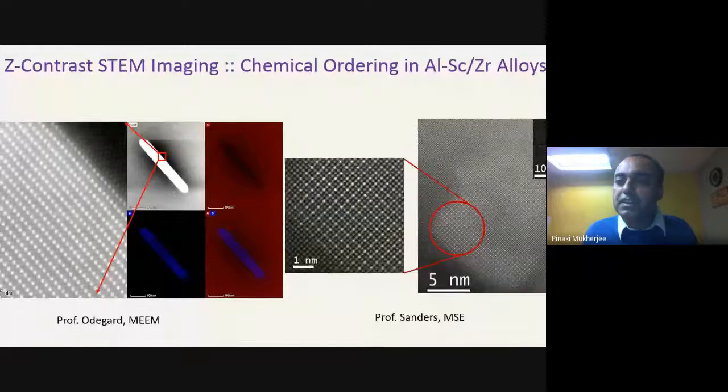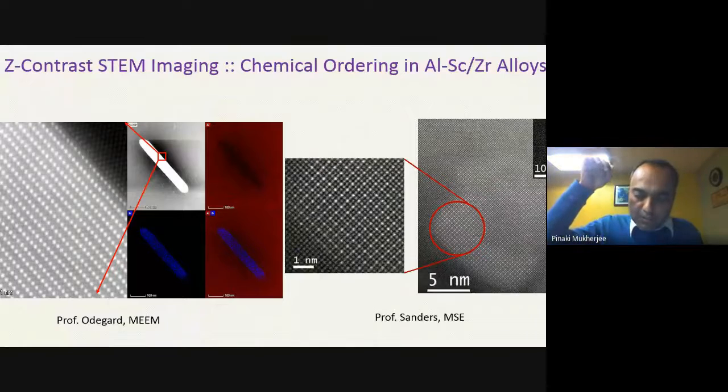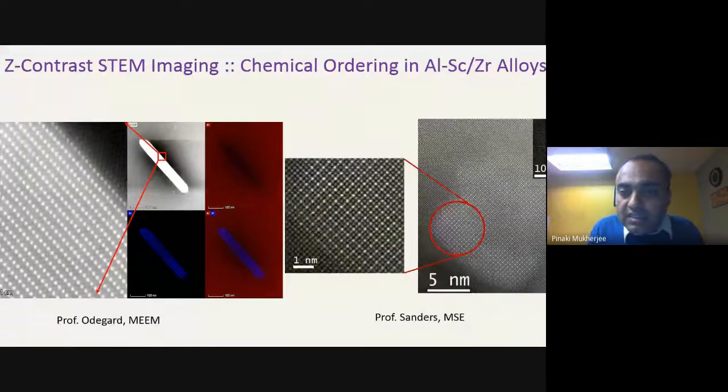So we can determine new phases using STEM, as is evident. This is an example of an aluminum scandium alloy, projected along the 001 direction of a cubic unit cell, and you can see that the corner atoms are occupied by scandium atoms, and the face and center atoms are occupied by aluminum atoms.